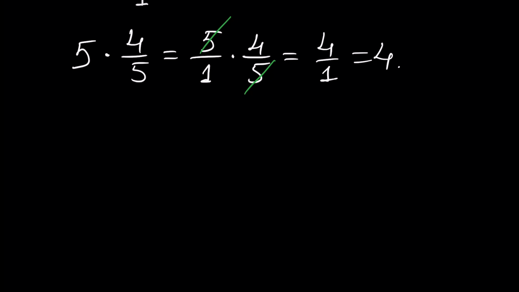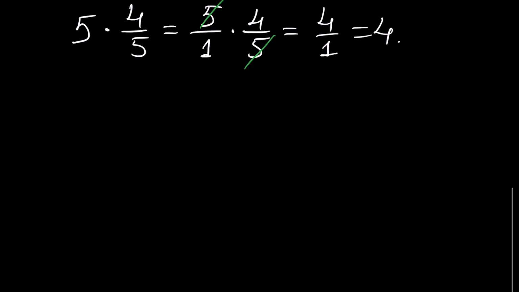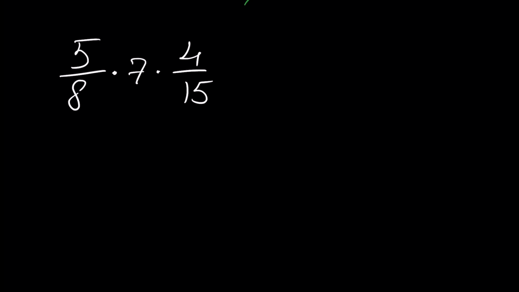One more example. Assume we have 5 over 8 times 7 times 4 over 15.